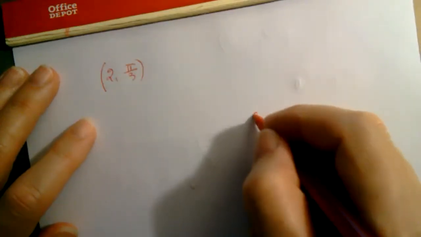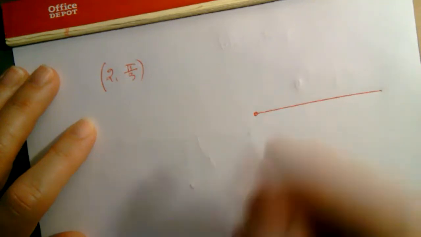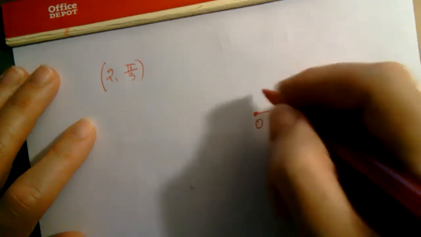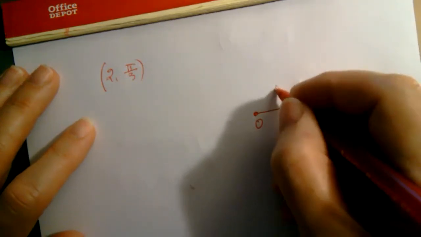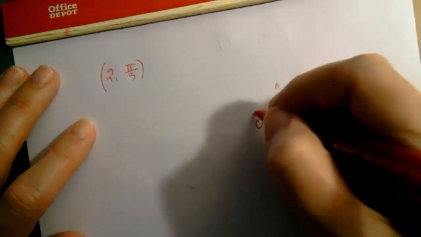So let me ask you the following question. I will take a point with r equal to 2 and angle 2 pi over 3. I know my point, that's 0, that's the positive axis, and 2 pi over 3, so I took a simple point, and it's right there.